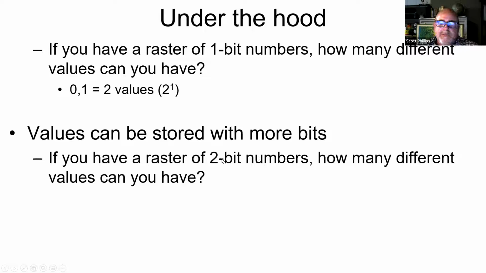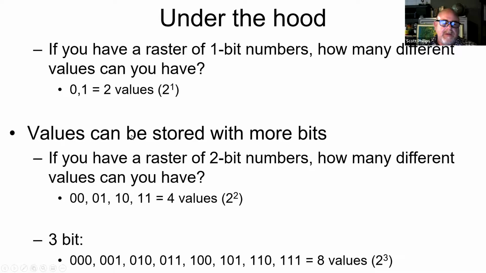So if you have 2-bit numbers, how many different values can you have? Instead of 1 number, which is 0 or 1, you have 2. Let me just show that. You can have it like this. Instead of 1 or 0, if you have 2 different bits, you can have 4 combinations, or 2 to the power 2: 0 0, 0 1, 1 0, 1 1. 4 different combinations.